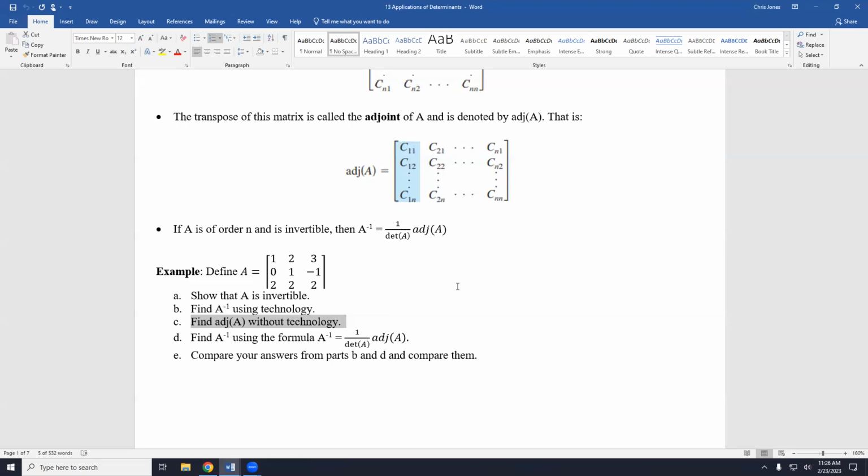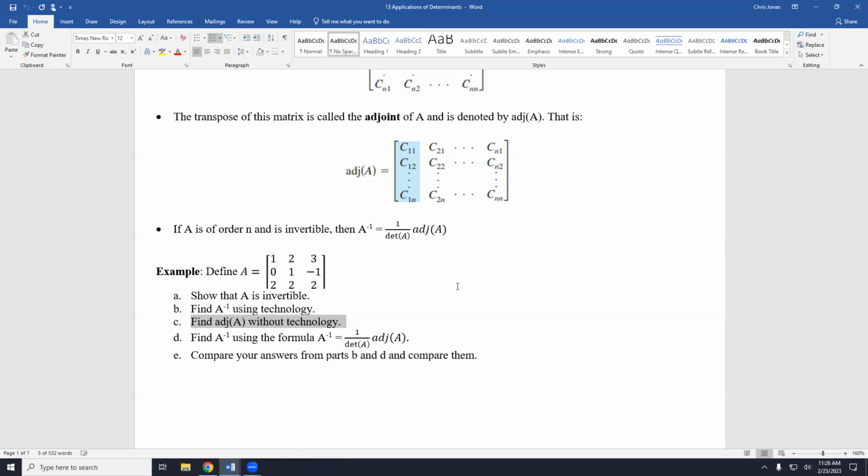So for D, we're going to take -1/6 times that matrix. So it was 4, -2, -2. 2, -4, 2. And then -5, 1, 1.